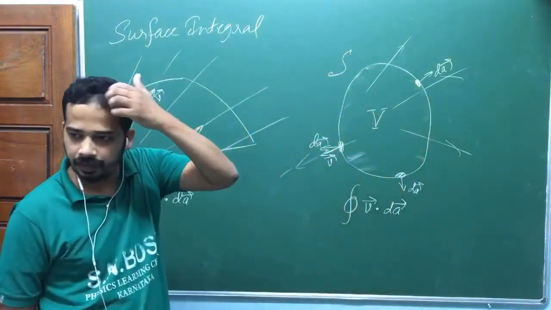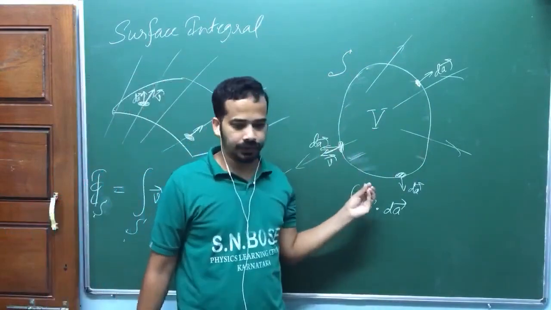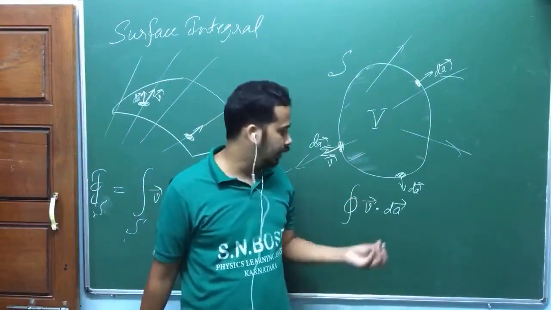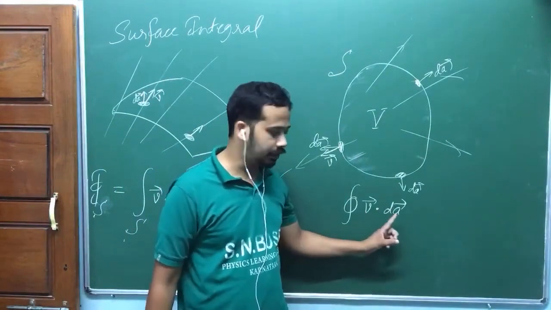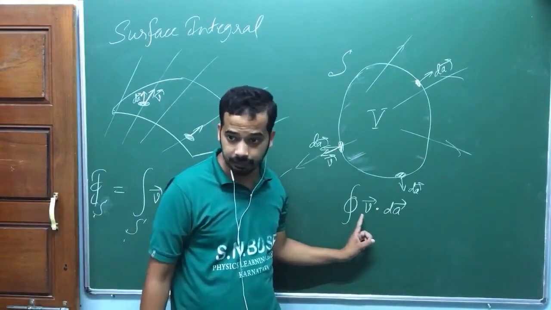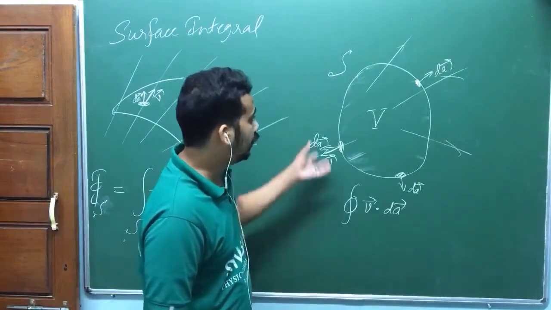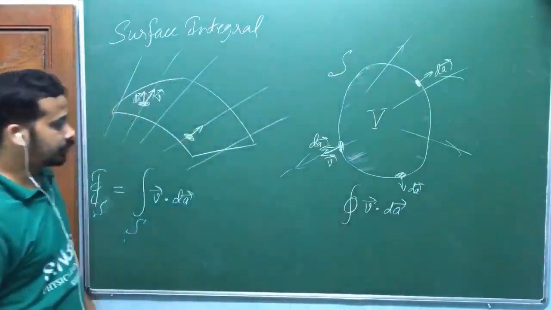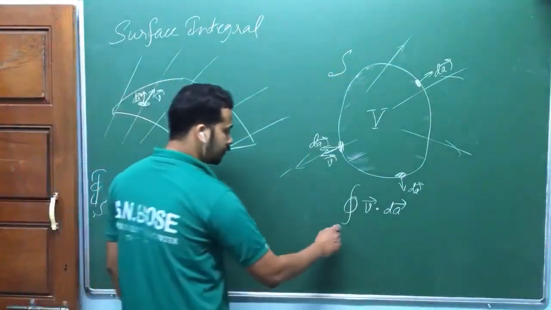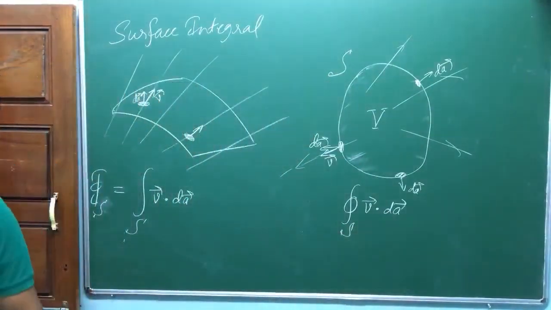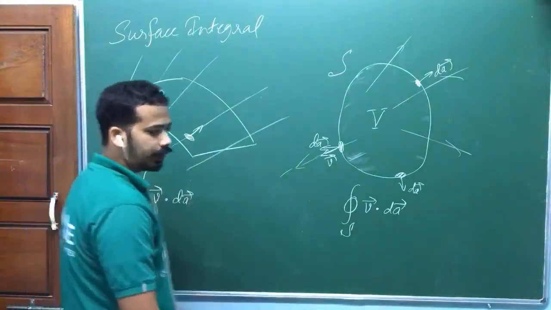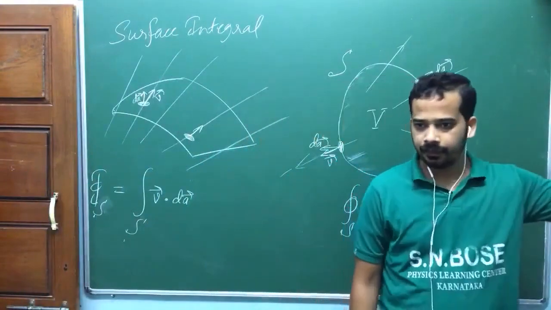At each and every point on the surface, you can define an elementary area, and you can take a dot product of the vector field at that point with that elementary area, and you can integrate those dot products, and we call it the closed surface integral.